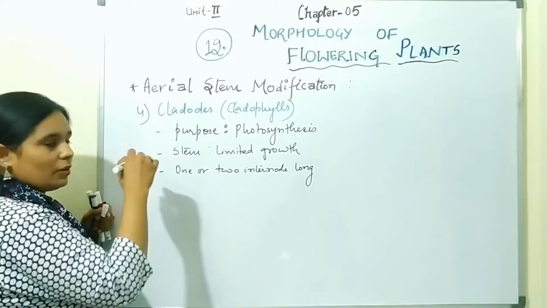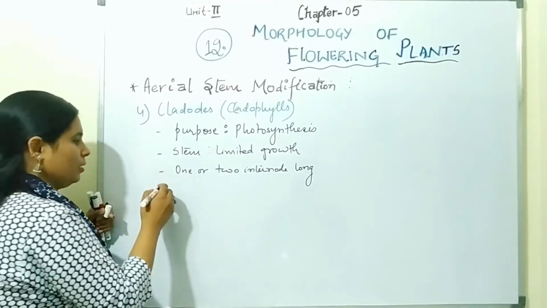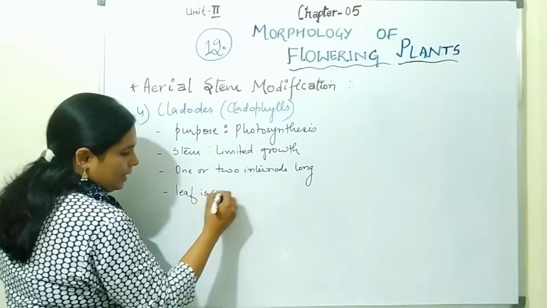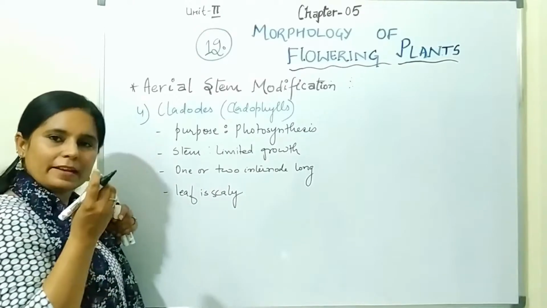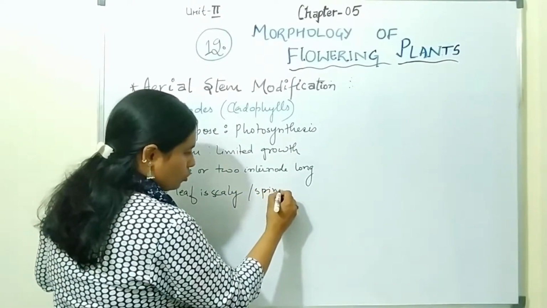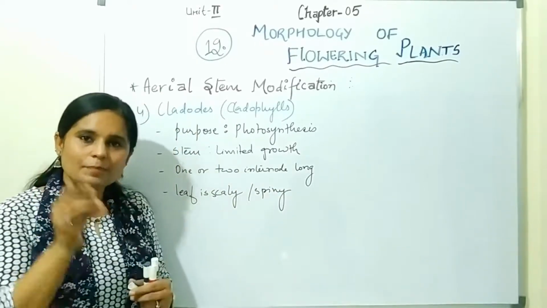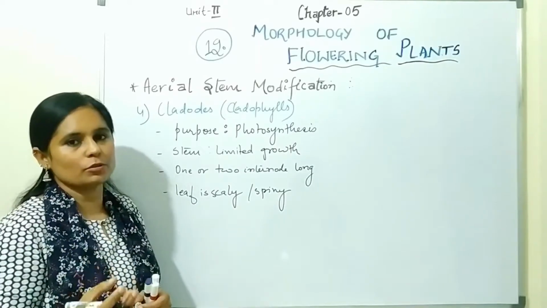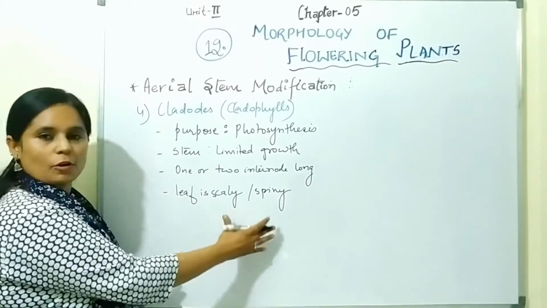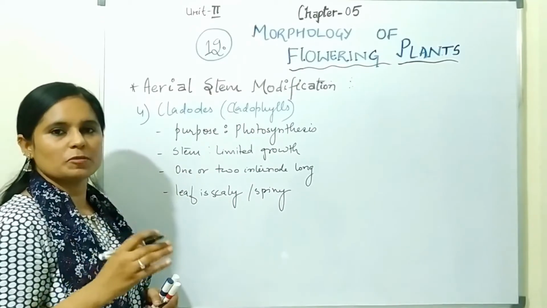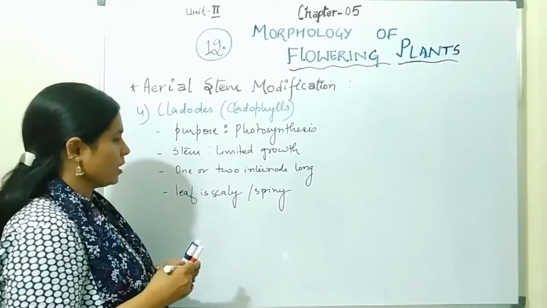You will find such modification where the leaf is scaly. So leaves are very small. They are scaly. They are spiny. So to help the plant in photosynthesis, to give the nutrition to the plant, as the leaves are not able to do that, the stem is modified for the purpose of photosynthesis.